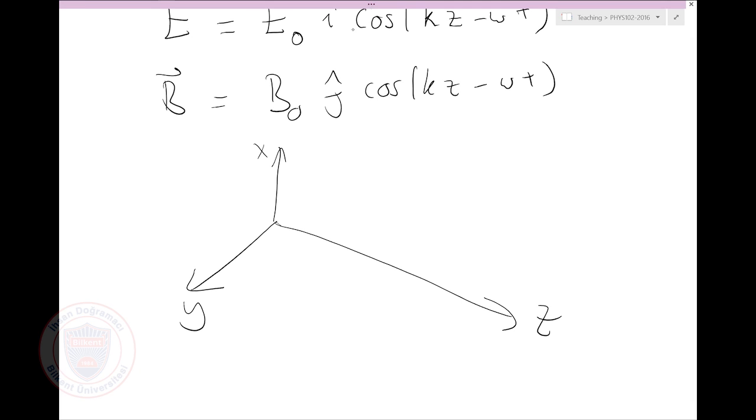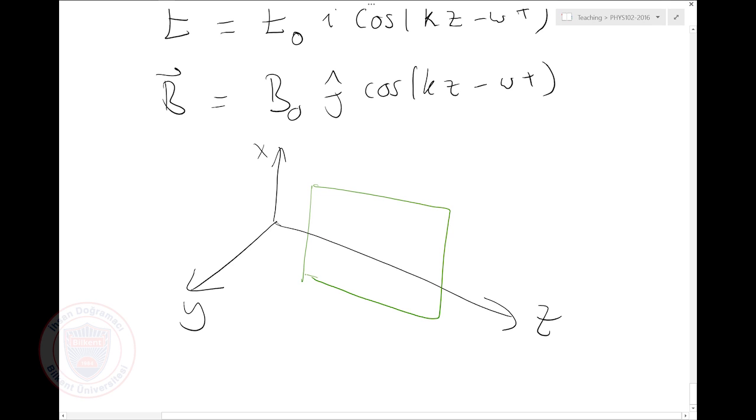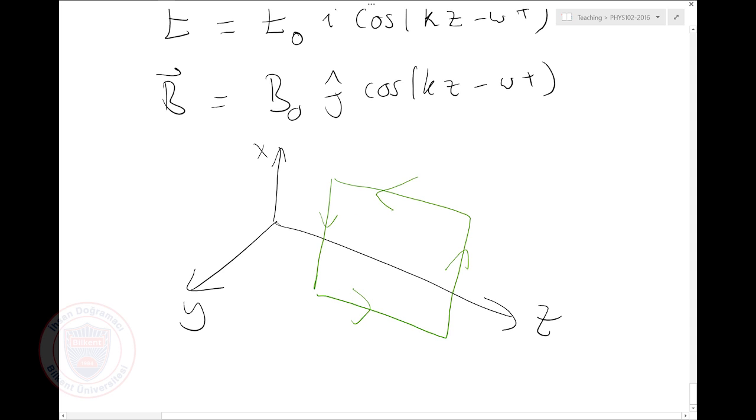So, if I take a loop like this, which is perpendicular to the y-axis, so a loop in the xz plane, what will be d phi B dt through this loop?